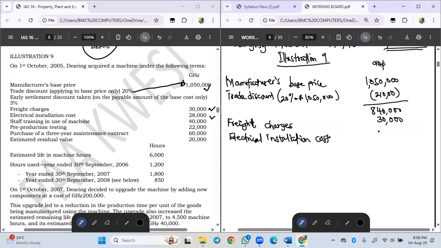The 22,000 is for what? Pre-production testing. Oh, no. The electrical installation cost is 28,000.